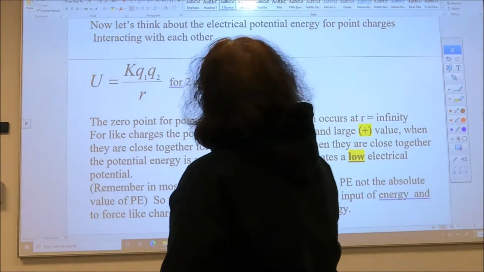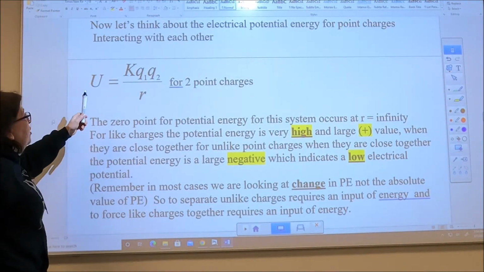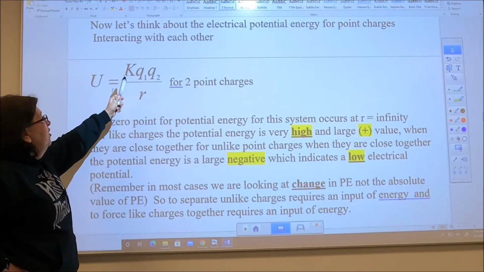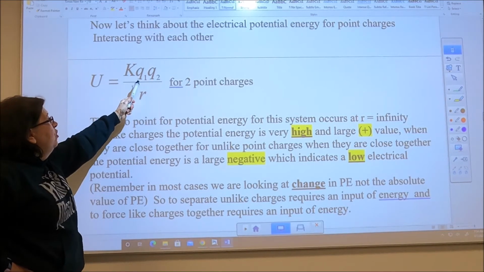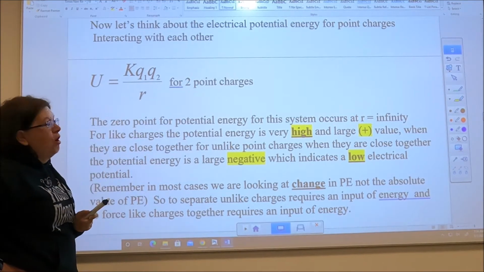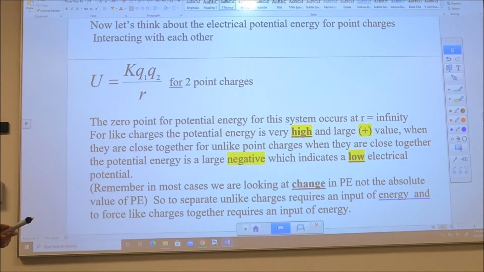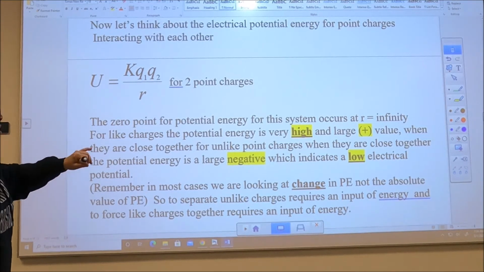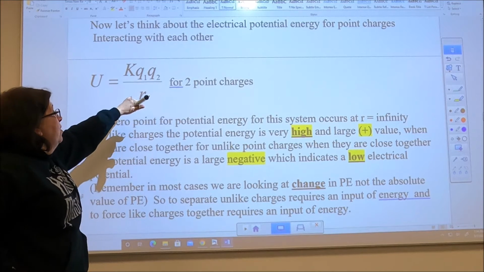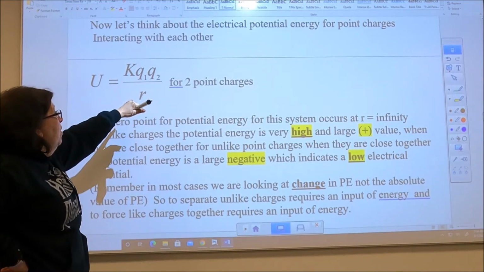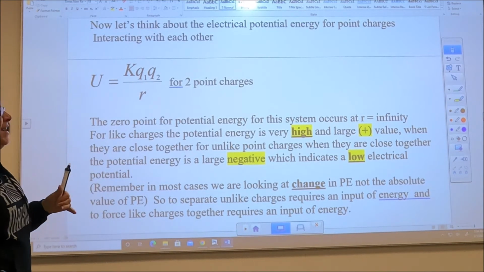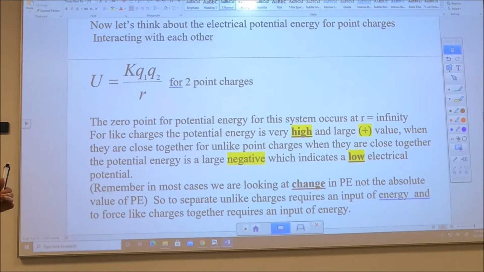The potential energy between the 2 point charges equals k Q1 Q2 over r. Notice it's not over r squared, it's over r. So the further apart those particles are, the lower their potential energy. The closer together they are, the higher the potential energy.